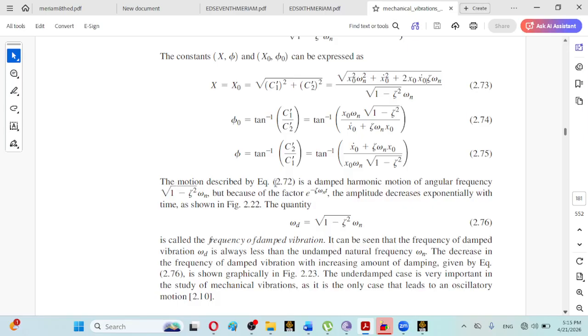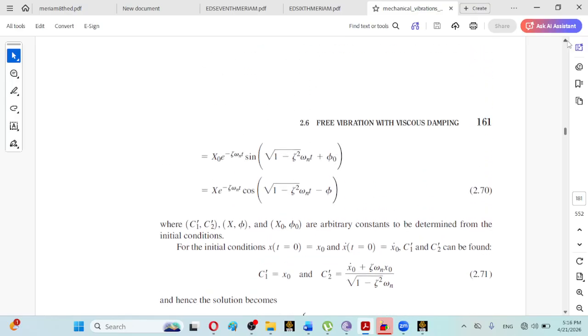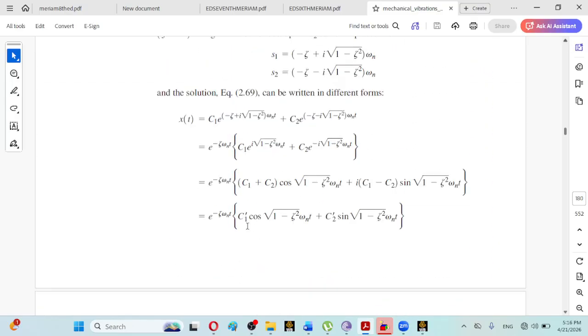So in this statement, the important thing is that if you observe this equation 2.72, this is very important. As you can observe here, the author actually states that instead of using equation 2.72, you can simply use this original equation, which says c1 dash cos omega dt plus c2 dash sin omega dt.